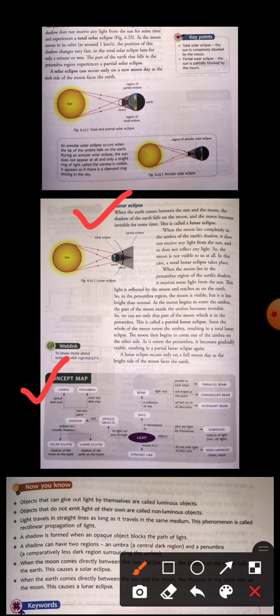And today's class was solar eclipses and lunar eclipses. That means what we mean by eclipses, when eclipses form, how we get solar and lunar eclipses, and also the different types of solar and lunar eclipses.